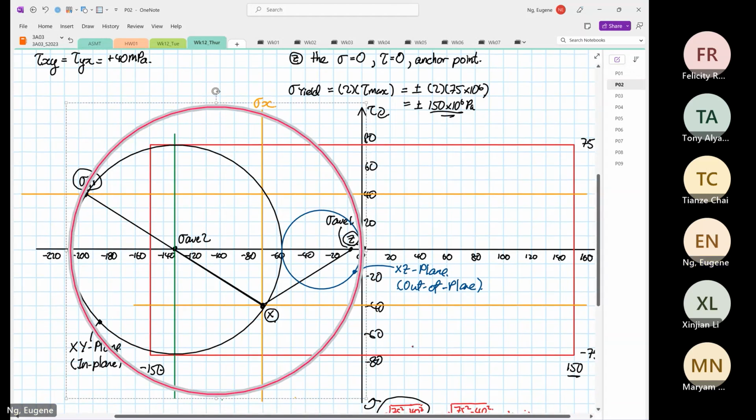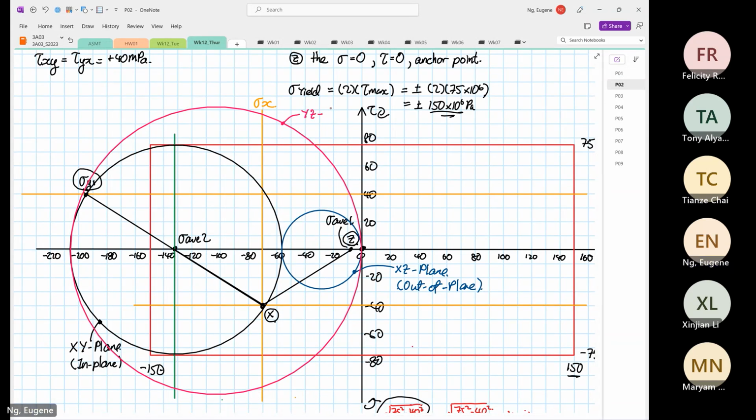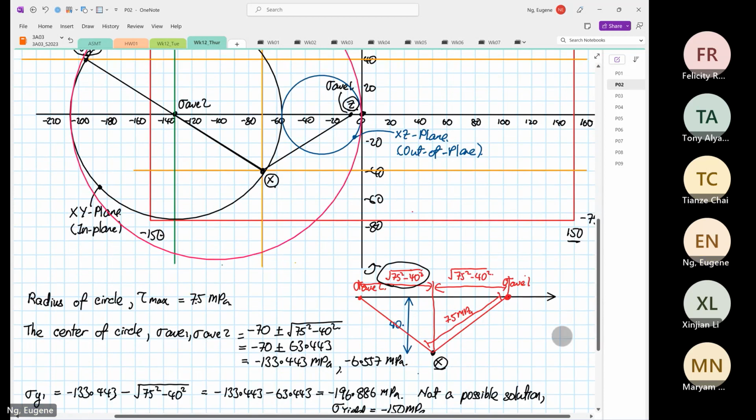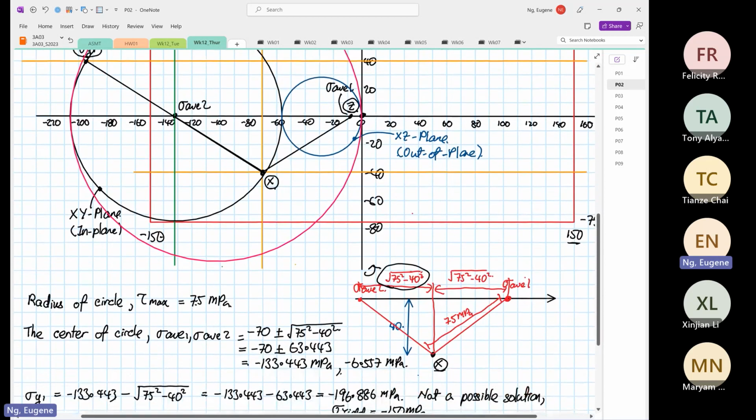Okay, and this belongs to the what? YZ plane. And this is your out plane. Okay, and we know that from here the material will fail already.